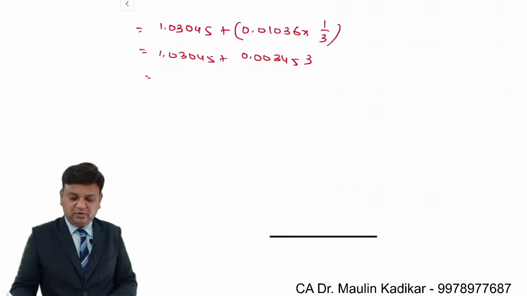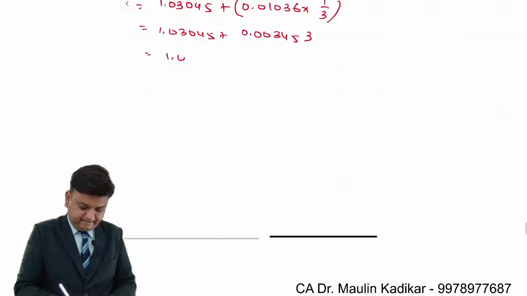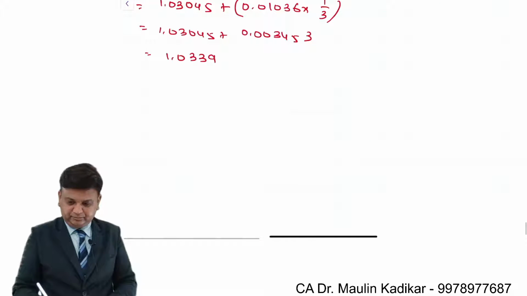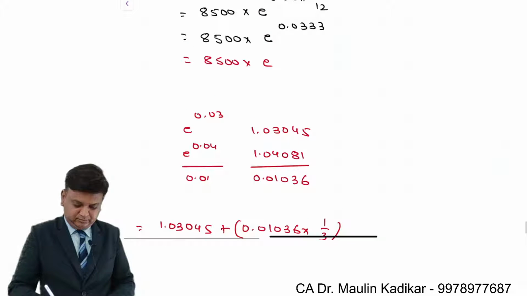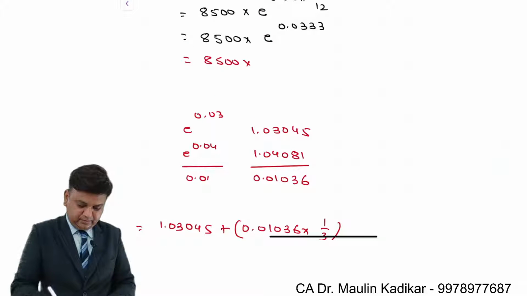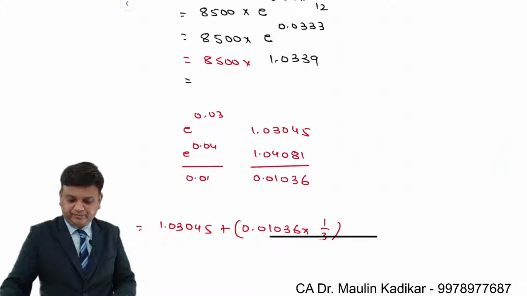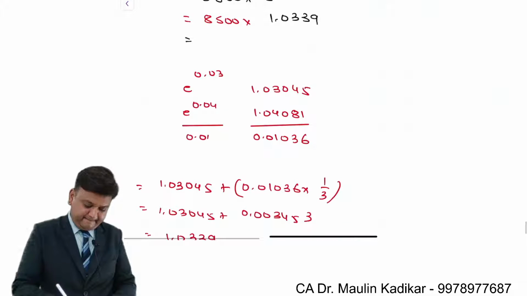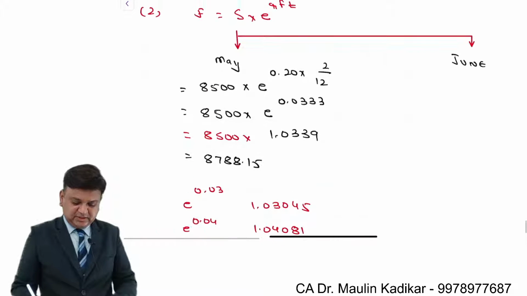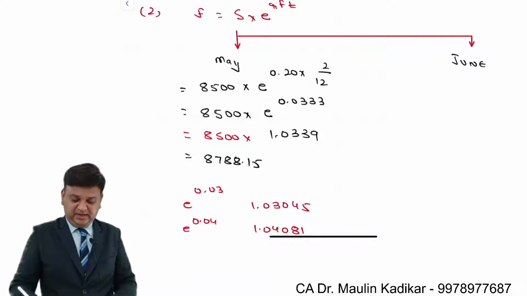So 1.0339. So 1.0339 into 8500. It is 8788.15. This is for the month of May.